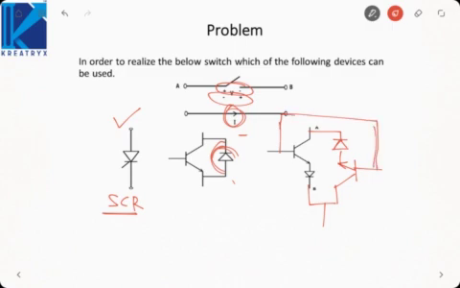If you connect two switches like this, with this as my control terminal C and power terminals A and B, it becomes a bidirectional switch because one device will carry current in one direction, the other in the opposite direction. So to get bidirectional behavior without changing the unipolar or bipolar nature, we connect two identical switches in anti-parallel. But if you want bidirectional and unipolar behavior, connect an anti-parallel diode.